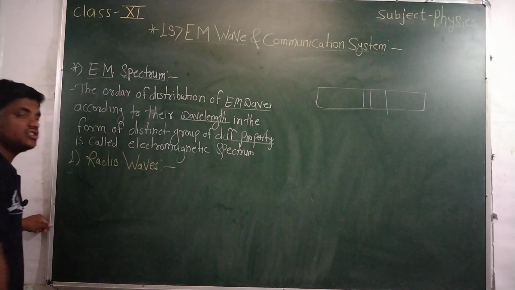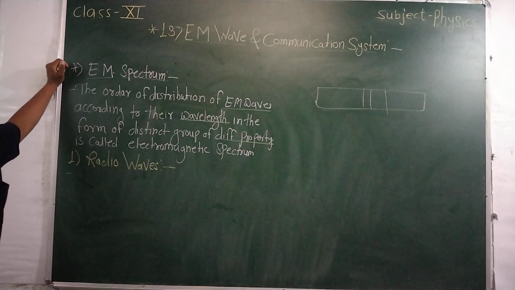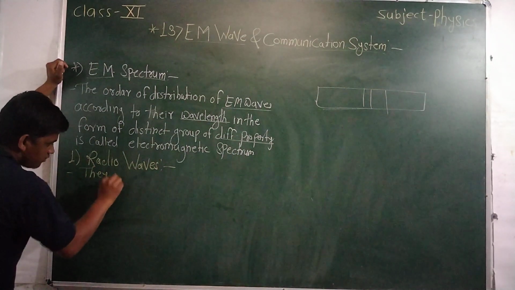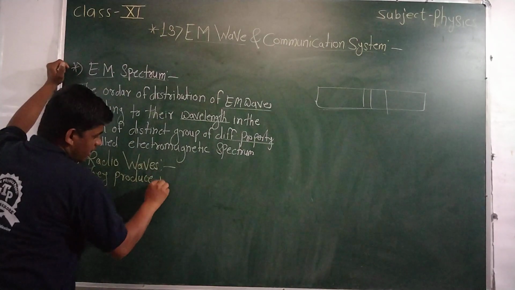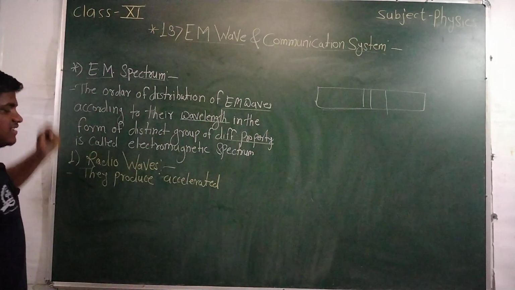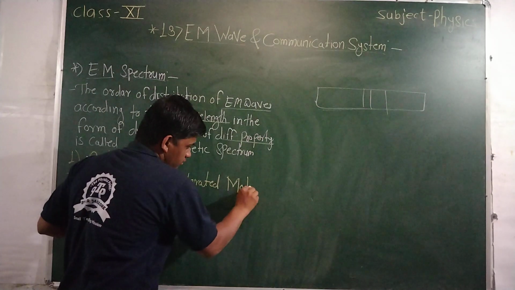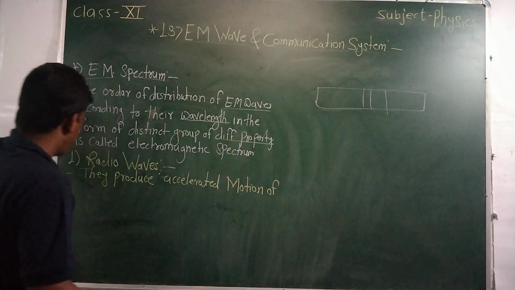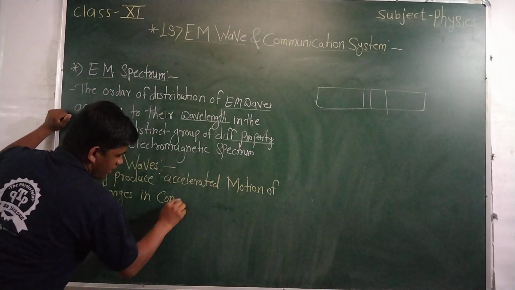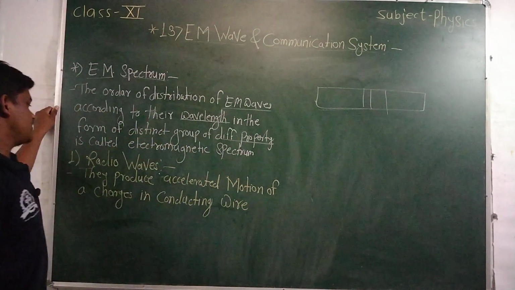All electromagnetic waves are produced by the acceleration of electric charges, but radio waves are produced in a conducting wire. This is called radio waves.